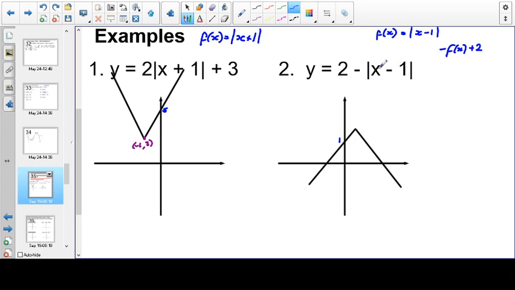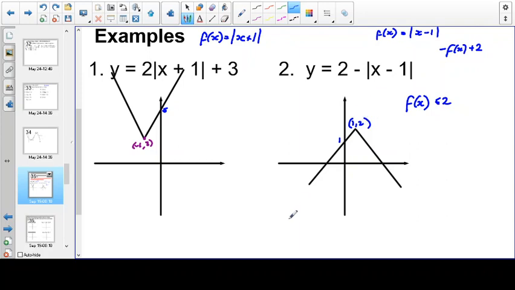The vertex occurs when this is 0, so x will be 1, and if this is 0, 2 minus 0 is 2, so the vertex is at 1, 2. So the range for this graph, if we're asked for the range, f of x has got to be less than or equal to 2, because that's what the maximum y value is.